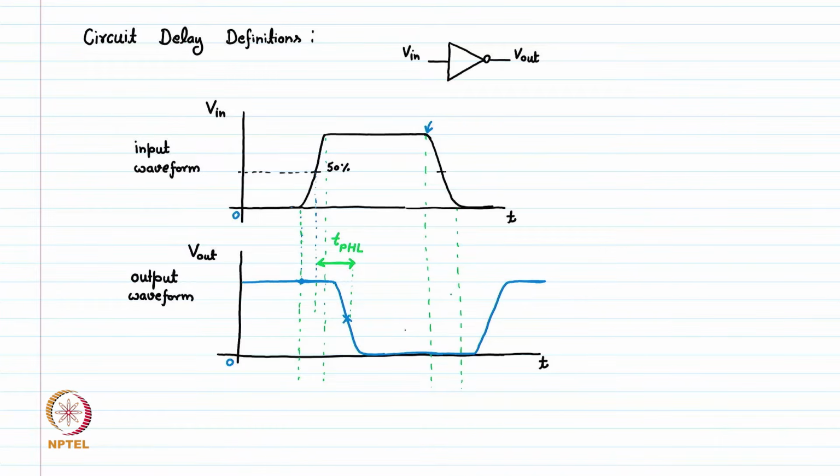Similarly, for the falling edge of the input, we have this 50% marker. So from this point to the 50% of output when this is transitioning from low to high, this time delay is called TPLH.